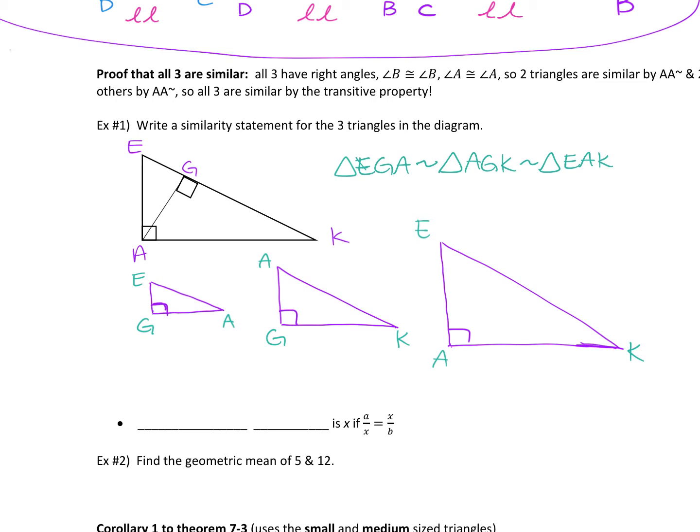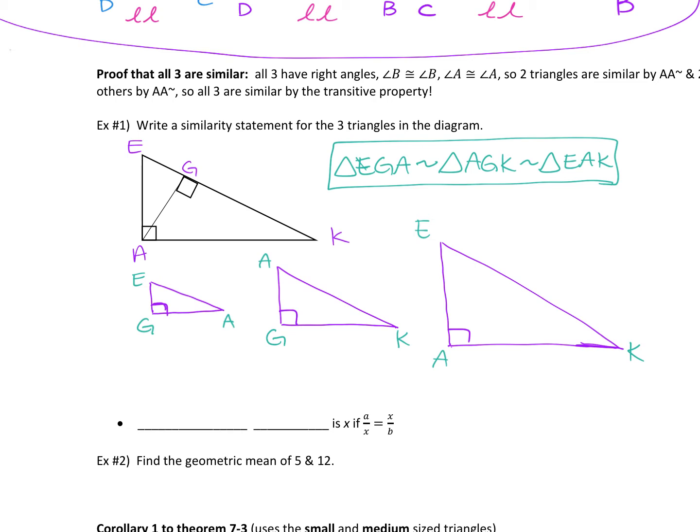Okay, so that would be our similarity statement for those 3 triangles. And like I said, if you can see that without drawing them, great, go for it. We're gonna get into some numbers pretty quick, and that's where you might have a little more trouble laying it out, but we'll see how it goes. Any questions so far?